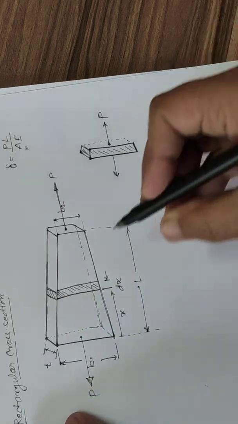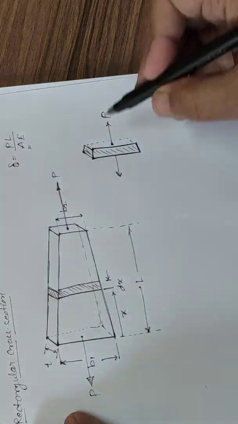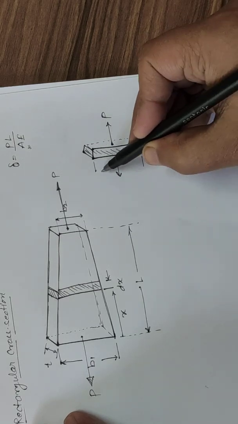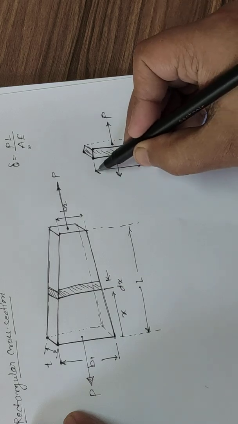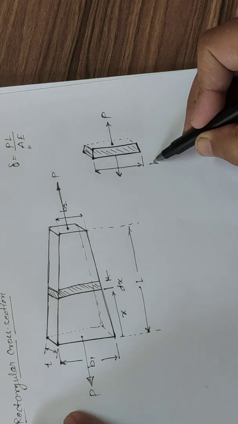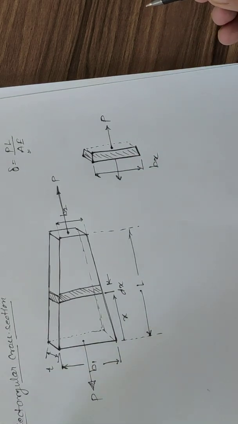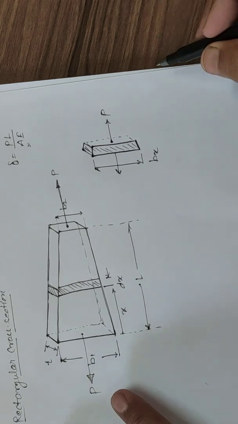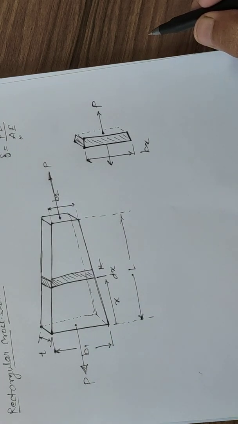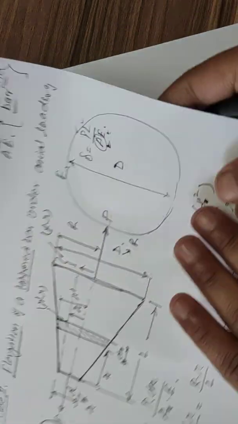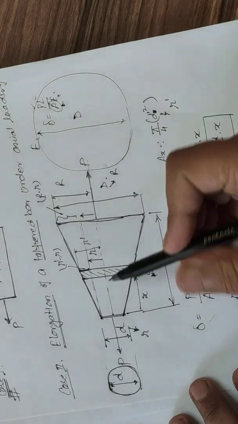Now we have to measure this width. The thickness remains constant, T, and the width corresponding to this member which we have taken is, let's say, Bx, as we have measured in case of circular section. The same concepts we have to apply here.